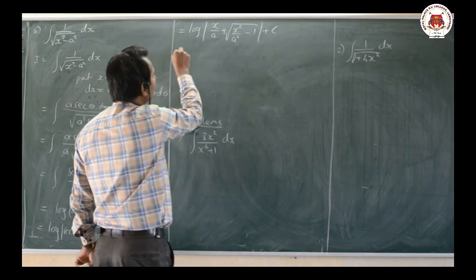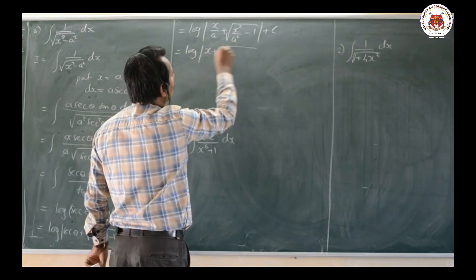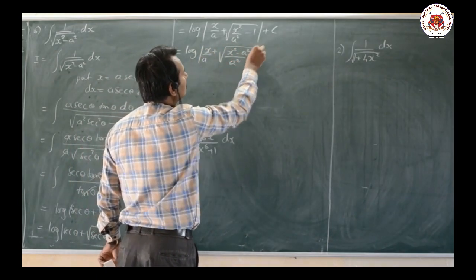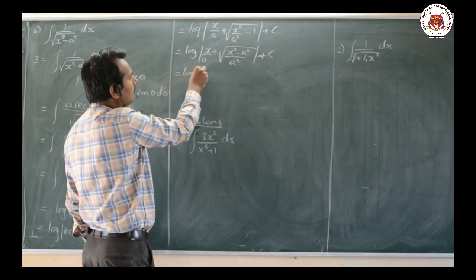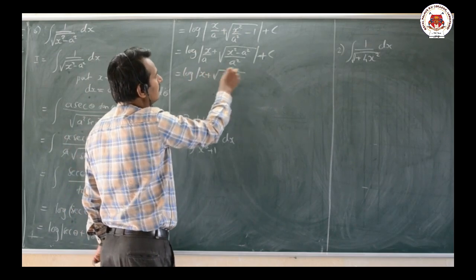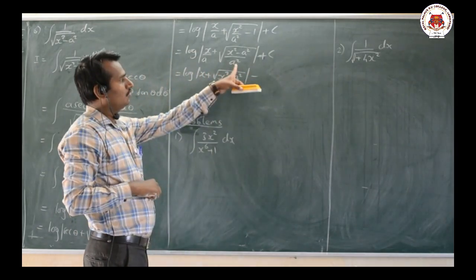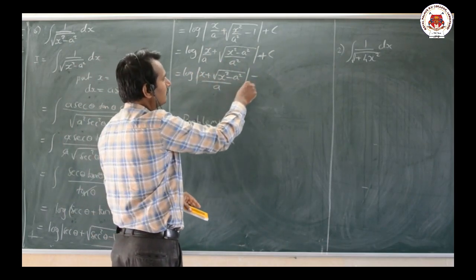So that is nothing but log of x by a plus root of x square minus a square by a square, plus c, which is equal to log of x plus root of x square minus a square, where root a square is nothing but a, plus an integral constant c.